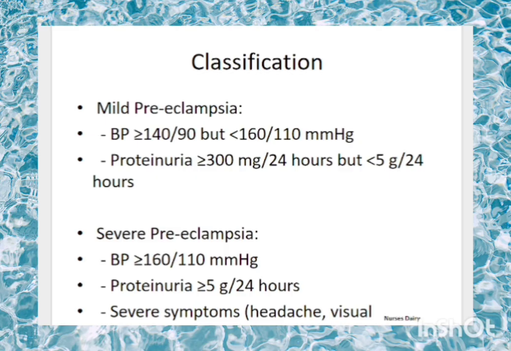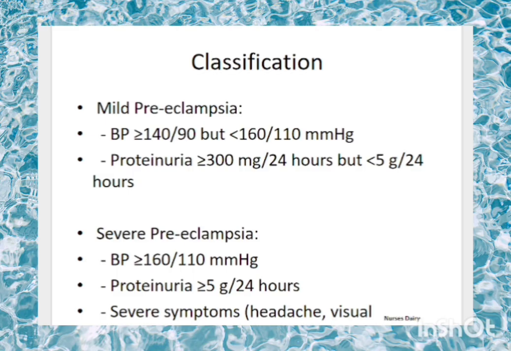The range of blood pressure reading in mild preeclampsia is from 140 over 90 millimeters of mercury up to 160 over 110. They don't exceed it.